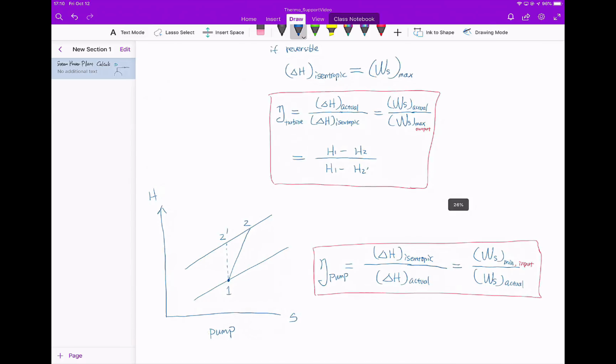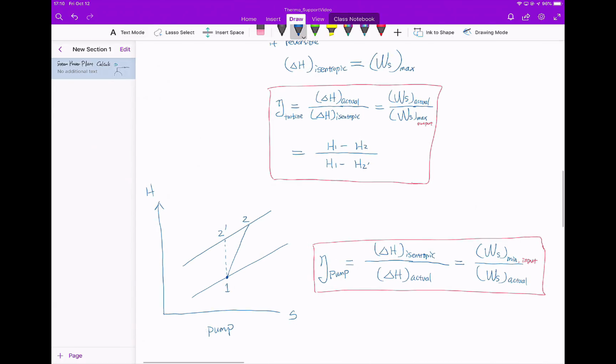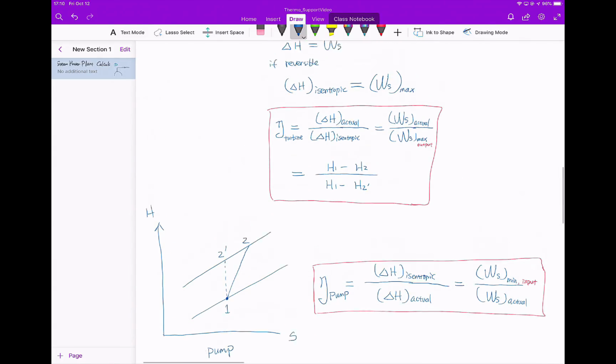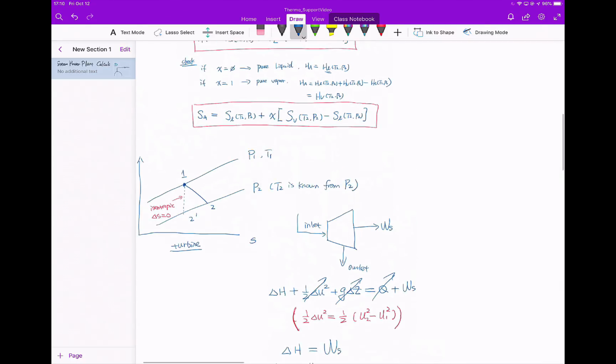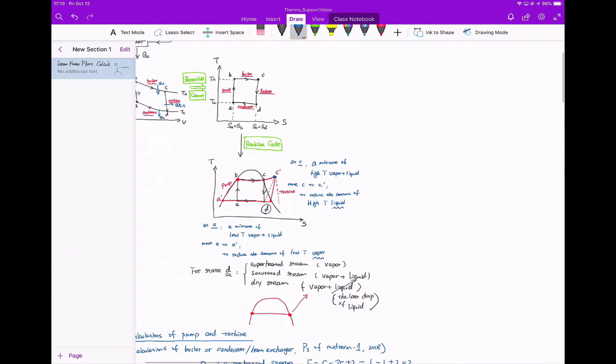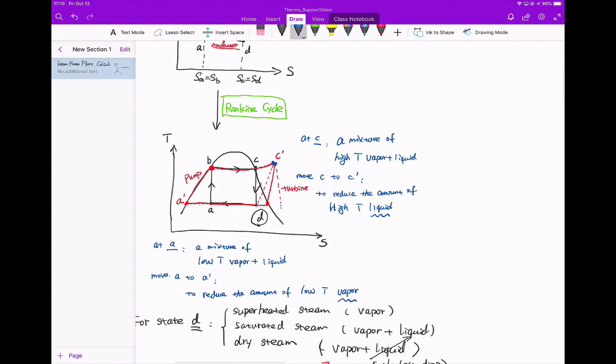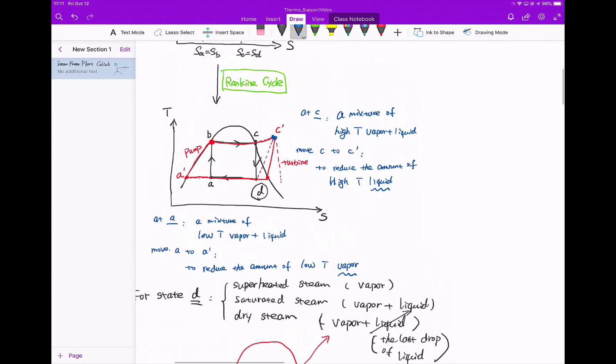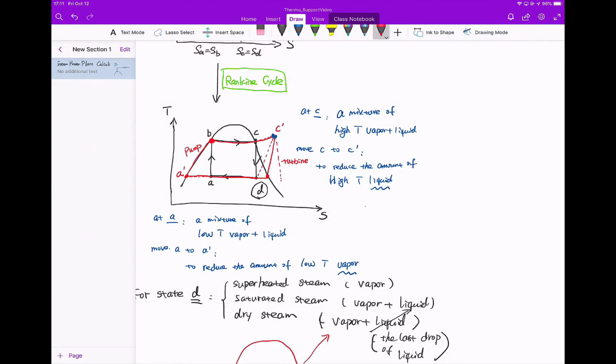Okay, so now you can see if I go back to the Rankine cycle, I'm going to have two isentropic processes.